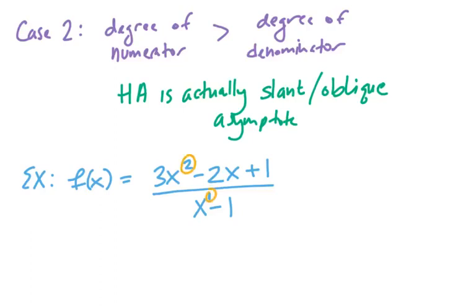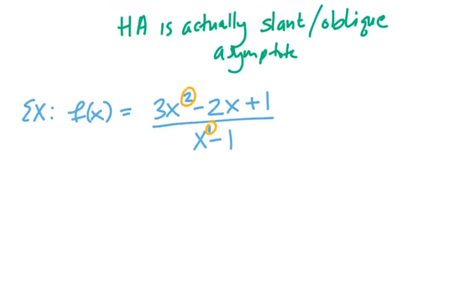So we're fitting this case because 2 is in fact greater than 1. So in order to find the slant asymptote, we're going to pull on our synthetic division skills from the past. We're going to carry out the division that the rational function implies, and then work with that result and interpret it as the asymptote.